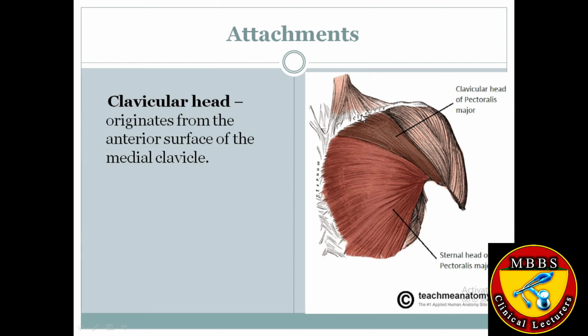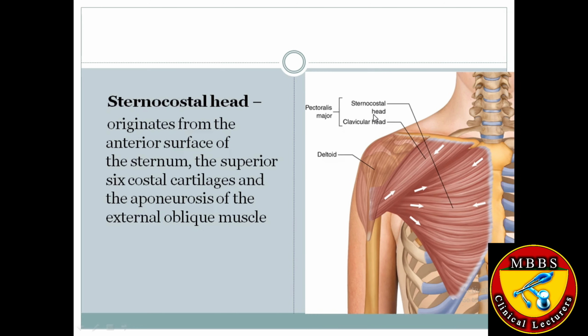Medial clavicle means the side of the clavicle facing towards the front is the medial side, and the side facing the back is the lateral side. So, the clavicular head of the pectoralis major originates from the anterior surface of the medial clavicle.